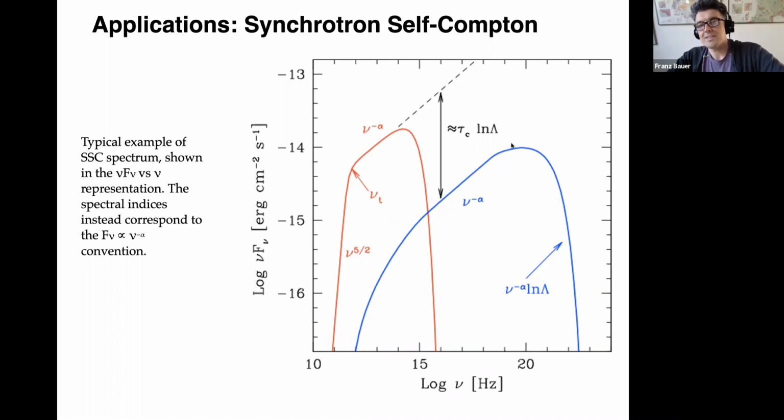And then if we had sensitivity to X-rays or gamma rays, we might see this component. And then we could compare these two and say, we have synchrotron self-Compton. And that tells us something about the distribution of the electrons and the photons. Because you wouldn't get this if the electrons are distributed too widely, for instance.